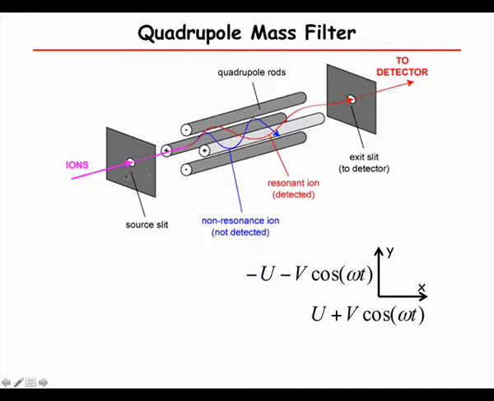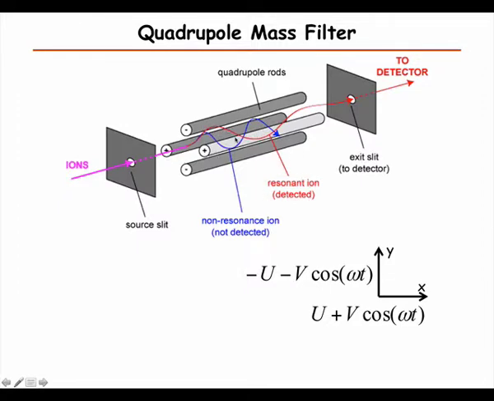So what happens is that at any time it will let through a small window of mass to charge ratios, which are the ones that are resonant.